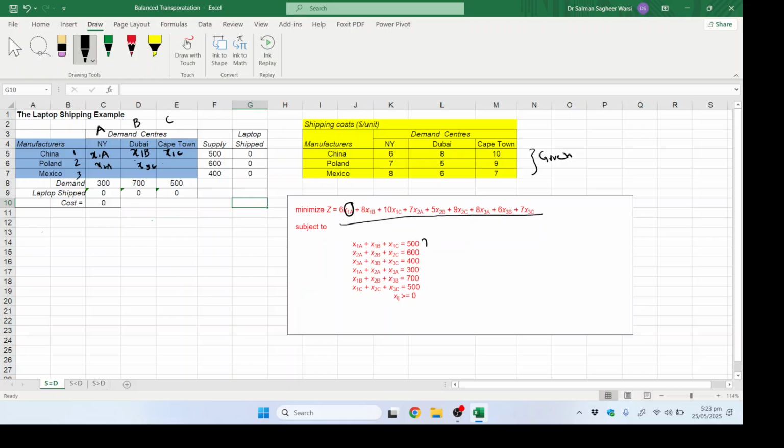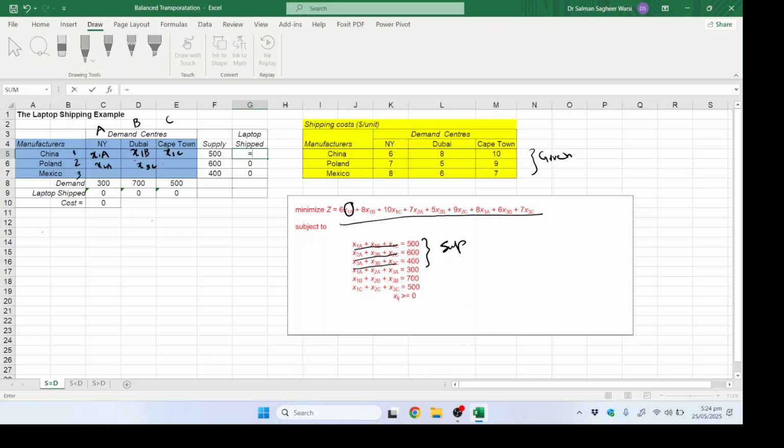Now, let's move on to writing the constraints. The first three constraints are the supply constraints. We will write the formula of the left hand sides of these constraints. I will write it once for you. It is equal to the sum of x1a, x1b, and x1c, and we know which three cells represent x1a, x1b, and x1c.